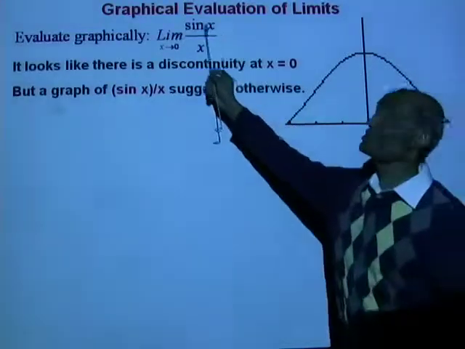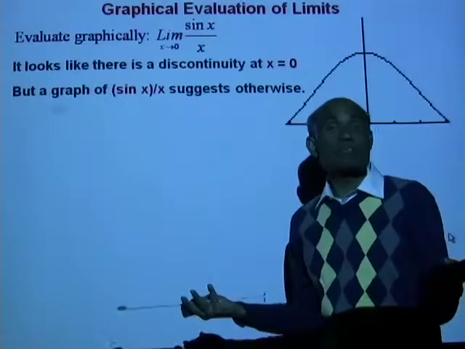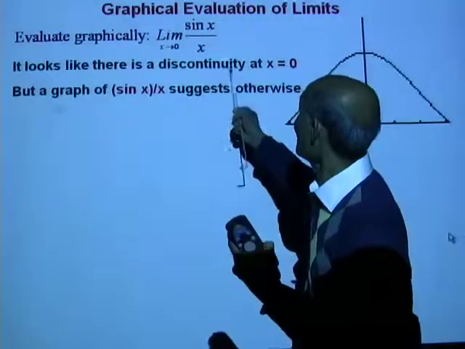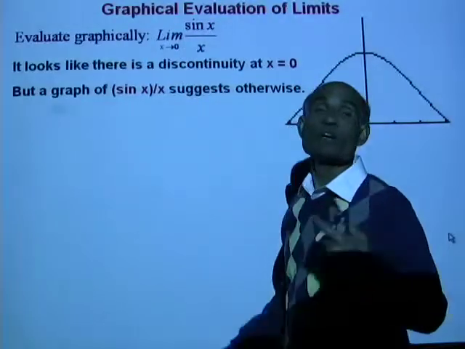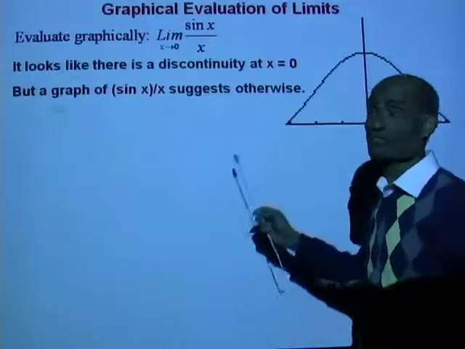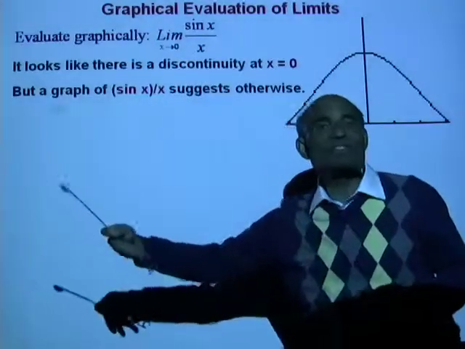That means what is the limiting value of sine x over x? The limiting value of sine x over x, when x approaches 0, is 1. A little later on in calculus, I will give you a method of removing the discontinuity.